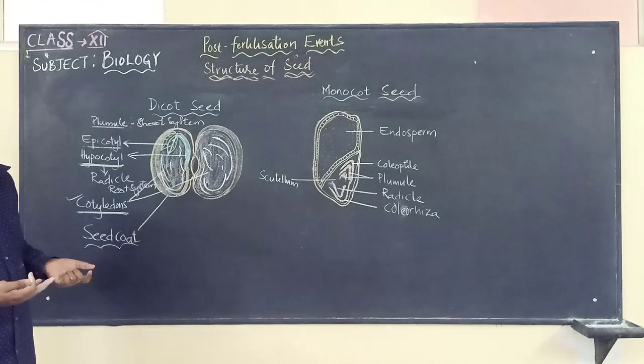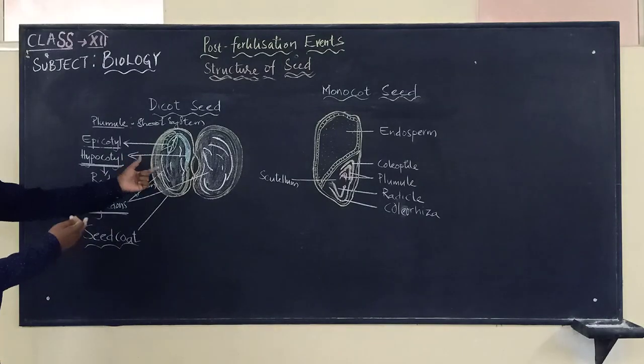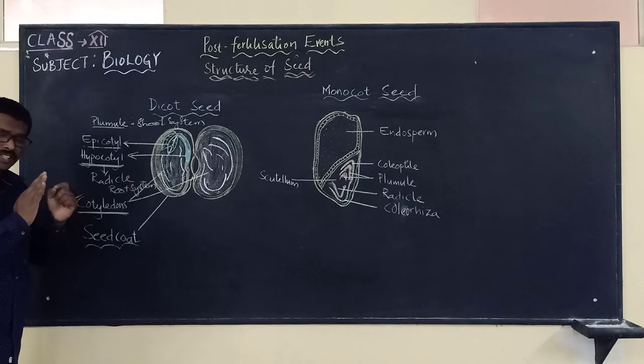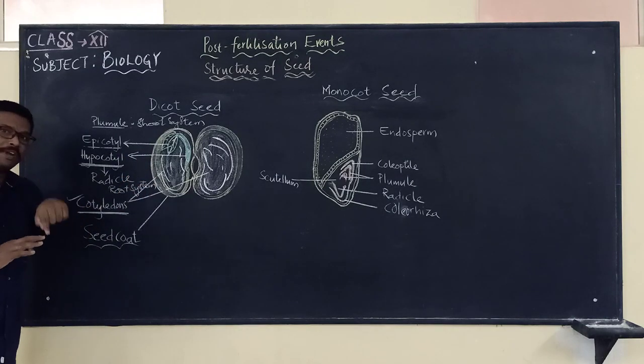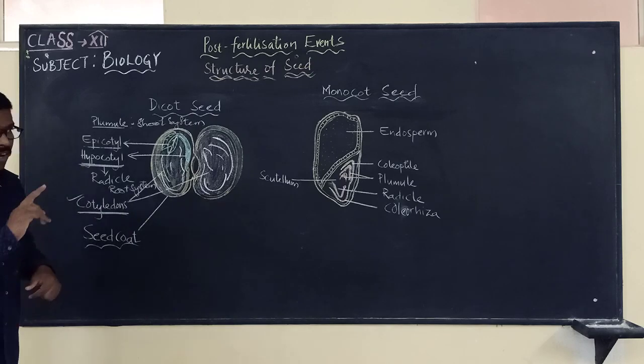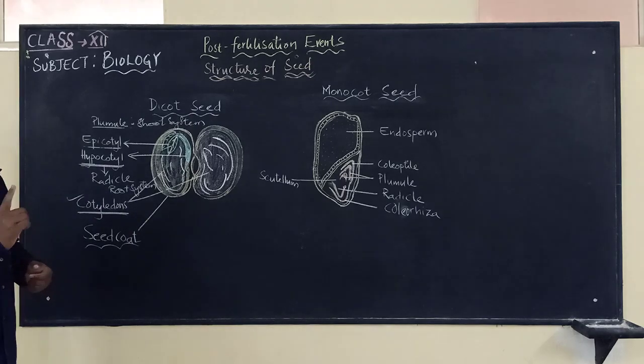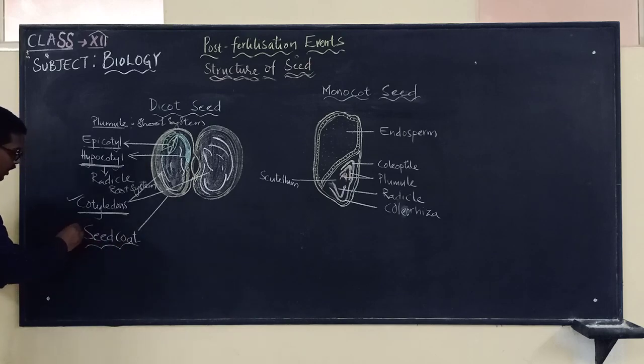What is this seed coat? It is formed from the integuments of the ovule. As we proceed, we will talk about the seed coat very clearly.